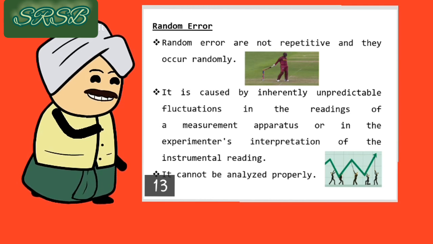Based on the experimenter's interpretation, sometimes the experimenter does not perform the experiment well, or any fluctuations are possible during the process. This is the main cause of random error.